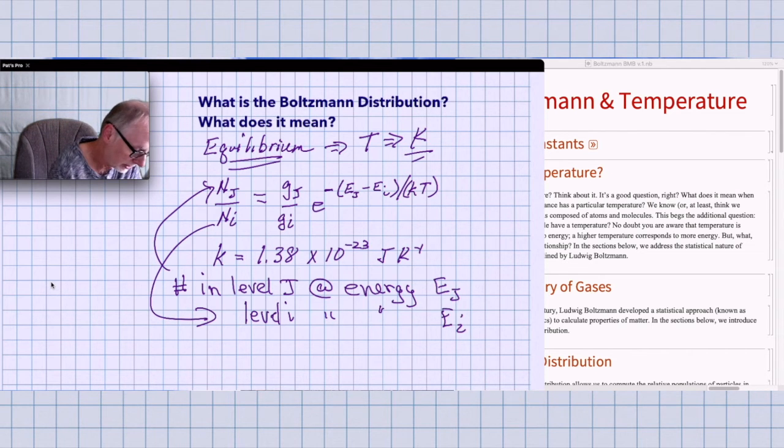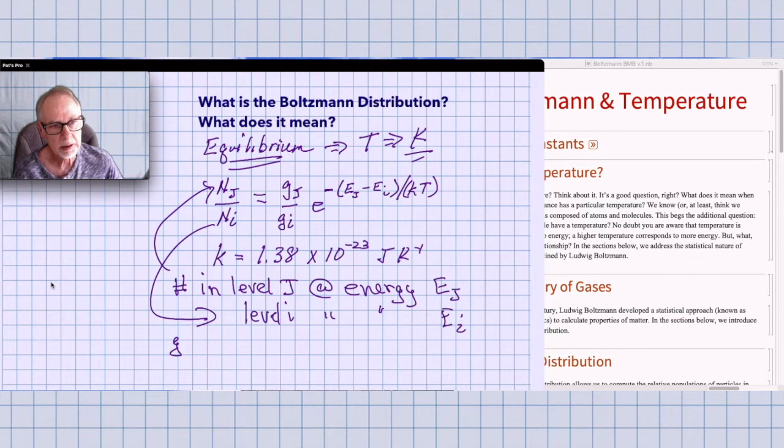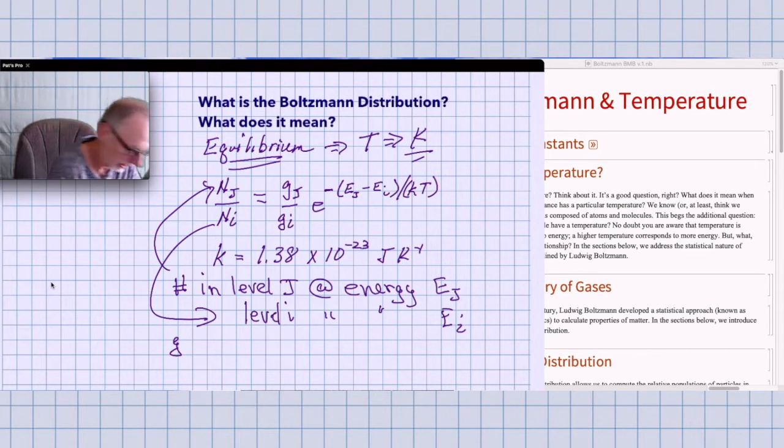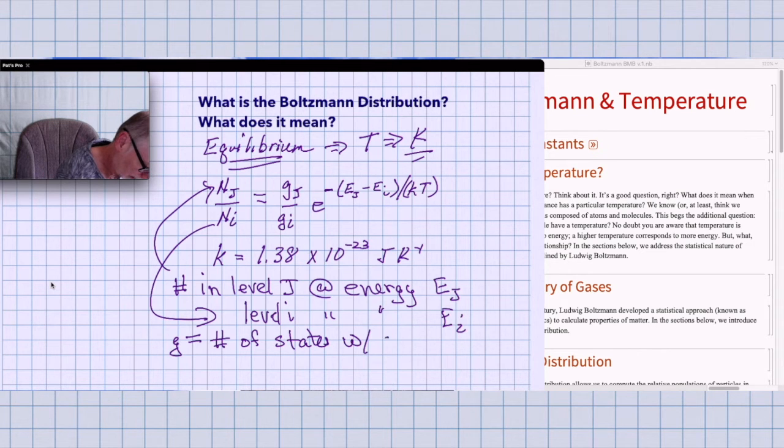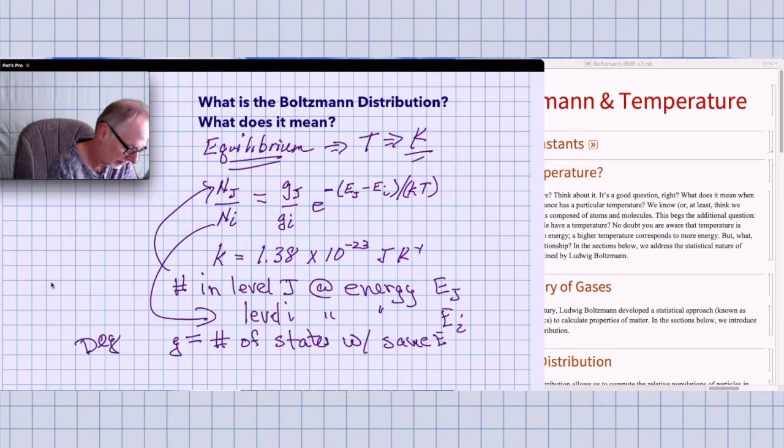Now, what's this degeneracy thing that we're talking about? The degeneracy represents a number of states, and this will probably become a little bit more understandable later on when we look at specific systems. The degeneracy corresponds to the number of states which have the same energy, and that's referred to as degeneracy.